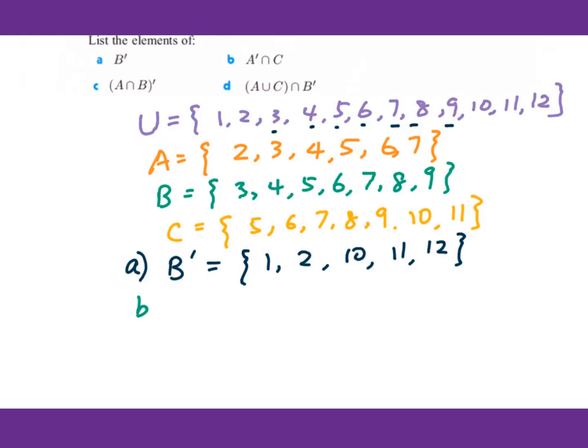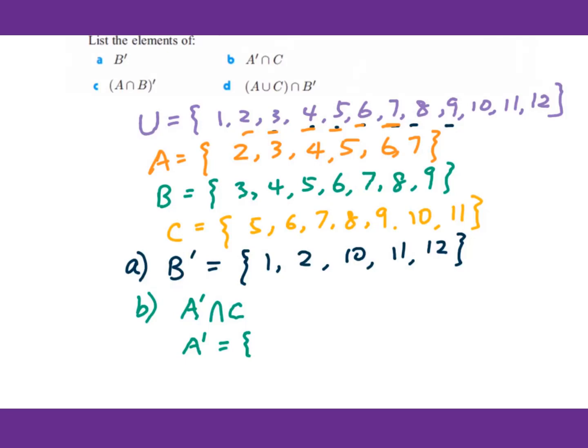For B, complement of set A intersect C. For the complement of set A, I have to cross out 2, 3, 4, 5, 6, and 7.